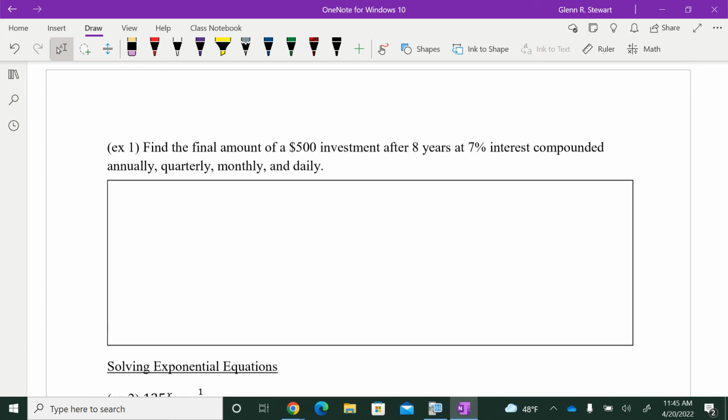Okay. First off, I'm going to rewrite the formula. A is equal to P times (1 plus R over N) to the NT. Now, the $500 investment, that's my P value. The 7%, that's the R, and we're going to write that as the decimal, so 0.07.